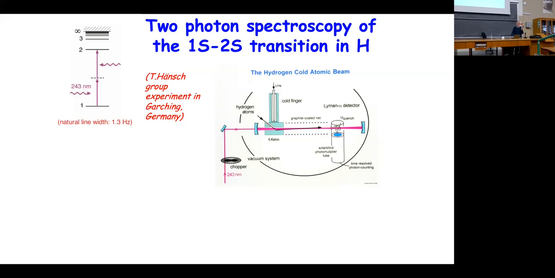This chopper allows you to find out exactly when the atoms start to be excited here, when the light is coming back. And then the detection is delayed by a time corresponding to the time of flight of the atom from here to here. If you increase the delay between the chopping and the detection, you will detect slower and slower atoms.